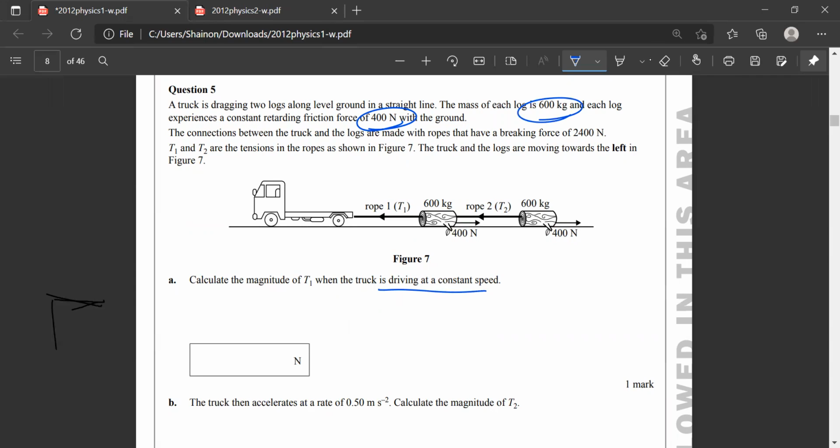So the only force is the retardation force. Since we're counting this as a whole system because we're looking at rope 1, rope 1 is connected to both. So we just add both the retardation forces. So then T equals 800 newtons.